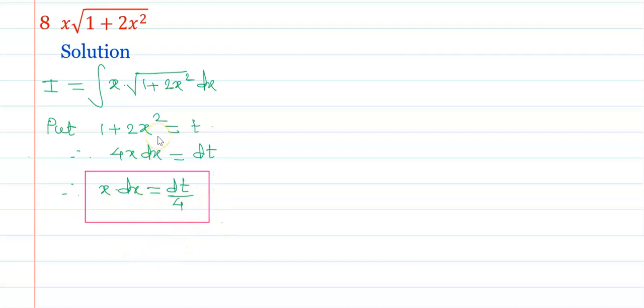Therefore our integral can be changed like this. I is equal to the integral of x into dx, which is dt by 4, and here root of 1 plus 2x square, where 1 plus 2x square is t, so we have root t into dt upon 4.